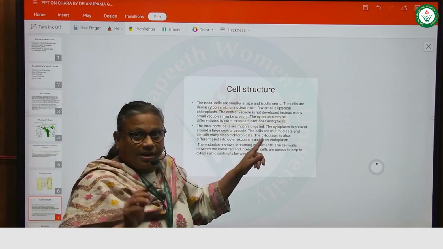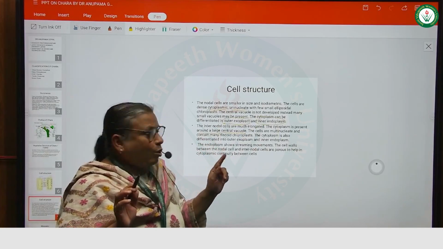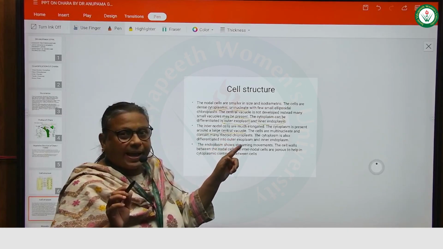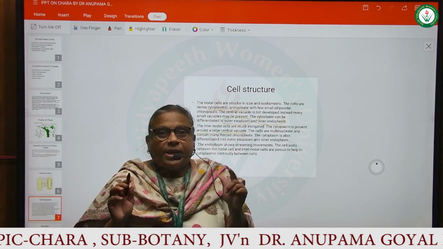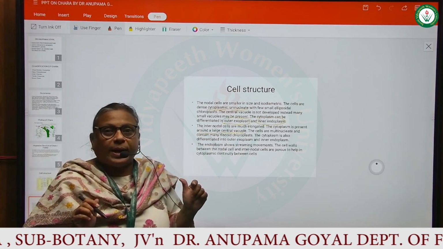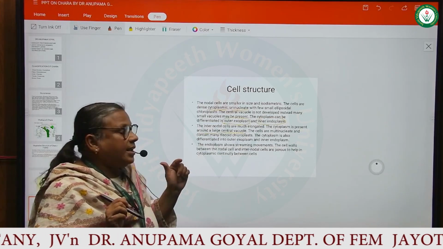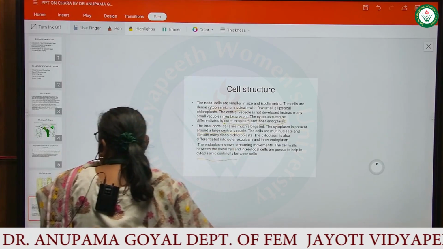The cells are multinucleate and contain many discoid chloroplasts. The cytoplasm is divided into exoplasm and inner endoplasm, and the endoplasm shows streaming movements. The cell walls between the nodal cells and the internodal cells are porous, which helps in cytoplasmic continuity between the cells.